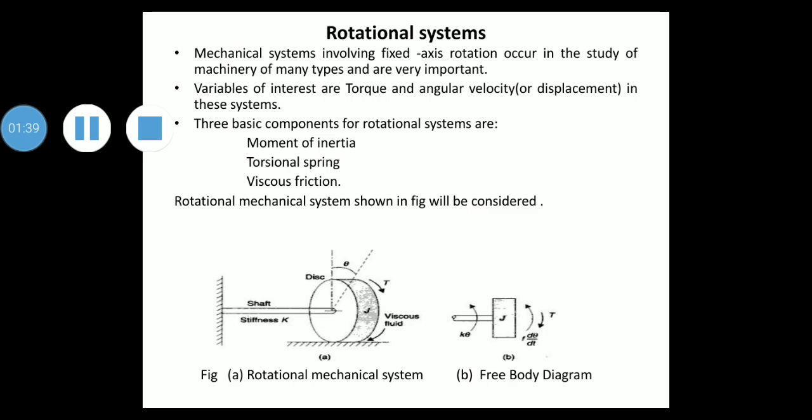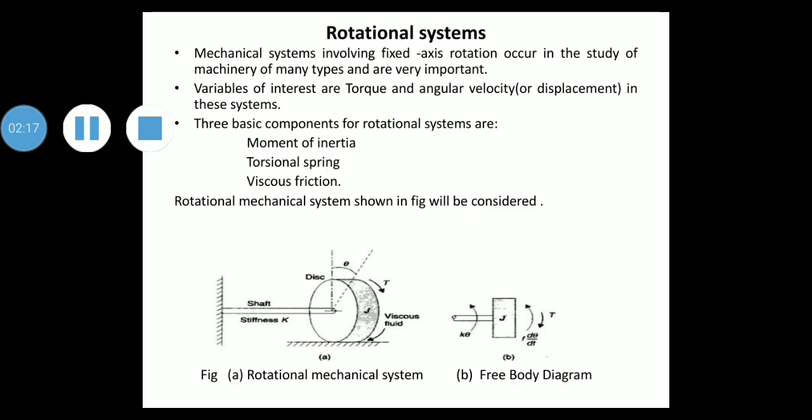It consists of a rotatable disc of moment of inertia J and a shaft of stiffness K. The disc rotates in a viscous medium with viscous friction coefficient F. Let T be the applied torque which makes the disc tend to rotate.